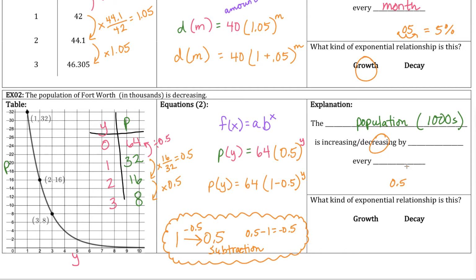We move the decimal twice, so that's 50%. So the population in thousands is decreasing by 50% every year.